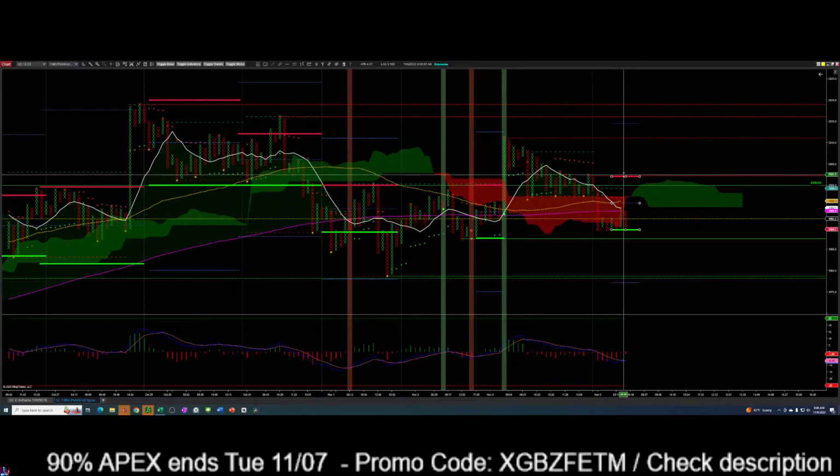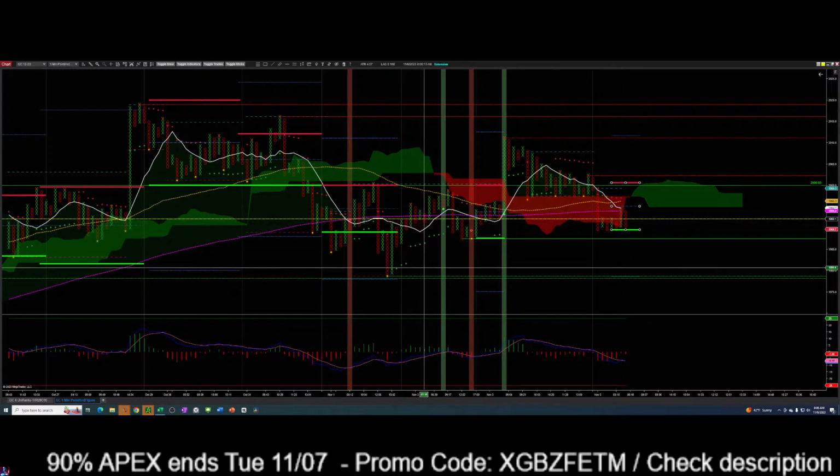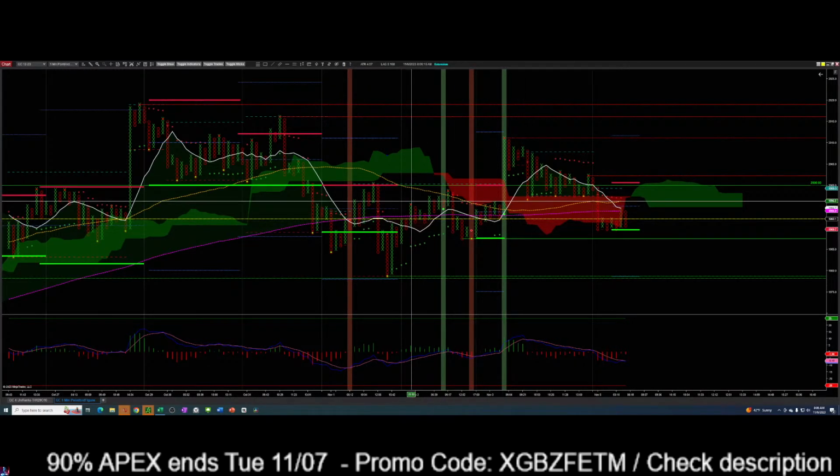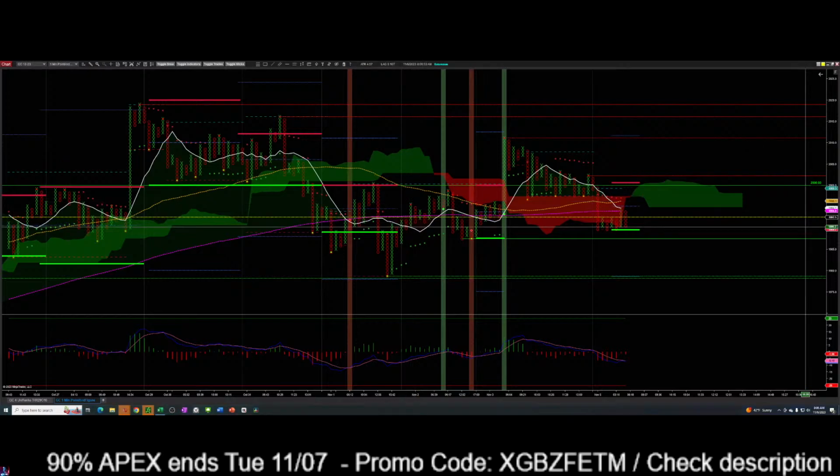And then the resistance, I would say that it's above, let's see. I'm going to leave it around there just because we do have that resistance, that support. And then we are right at the 2000 level right there.